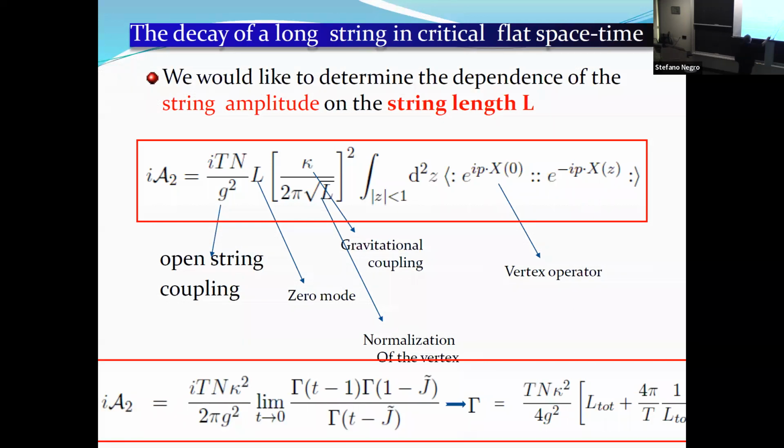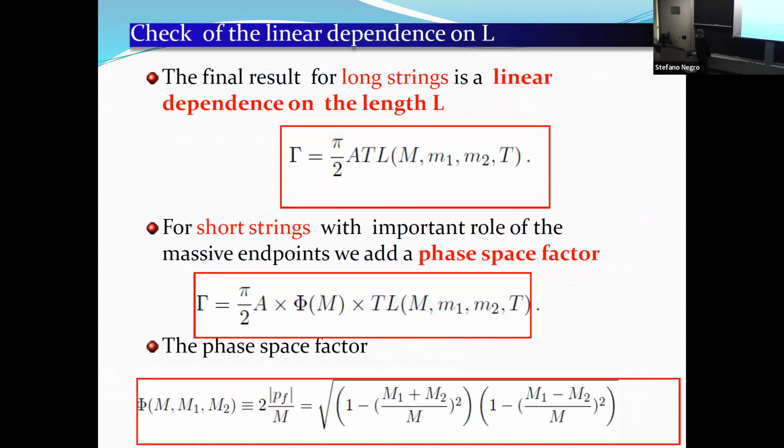And if you calculate it, and we are interested in the dependence on the length, we get certain dependence from zero modes, from normalization factor, and eventually, at least for long strings, we get that indeed it's linear. So the width is linear with the length of the string. Now the length of the string, remember, is a function of the total mass of the string, the massive endpoints and the tension.